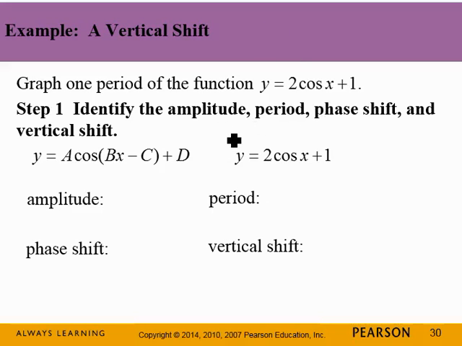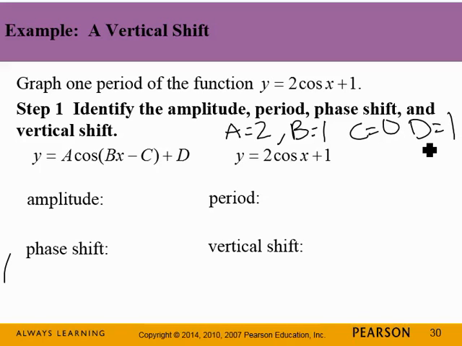So let's look at this. We have a is 2, b is 1, since you just have one x, c is 0, since you don't have one, and d is 1. So your amplitude is the absolute value of a, so 2.